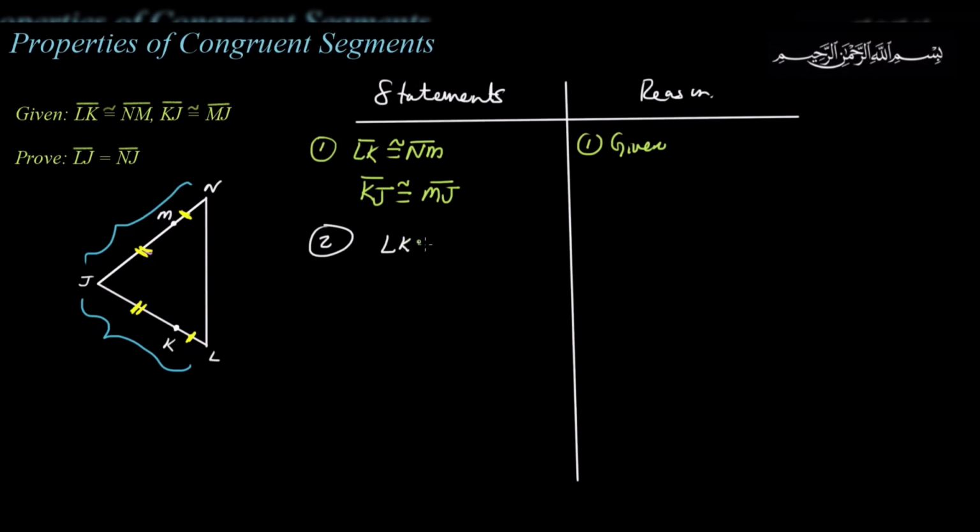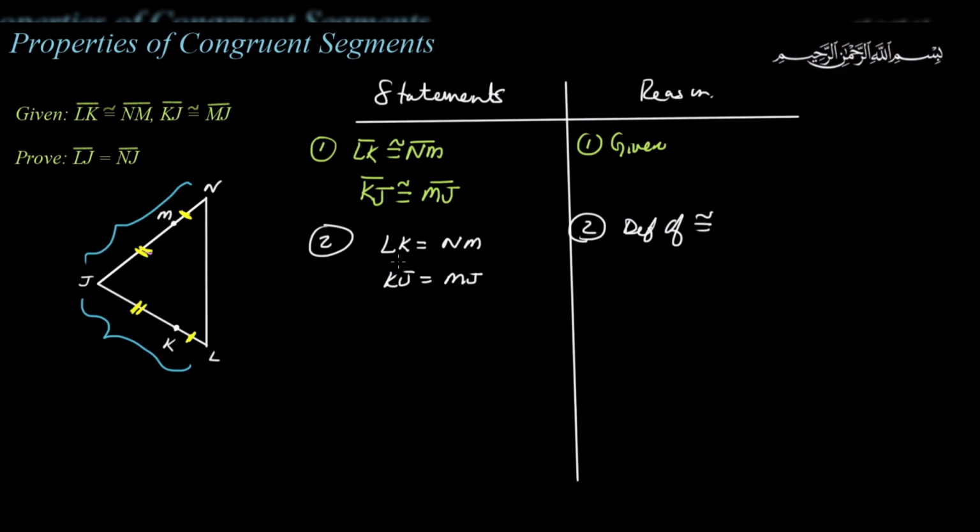So from there I get LK is equal to NM, and I am told that KJ is equal to MJ. I've done nothing here except change the congruences. I just rewrote these as segment lengths. So that's the definition of congruence.